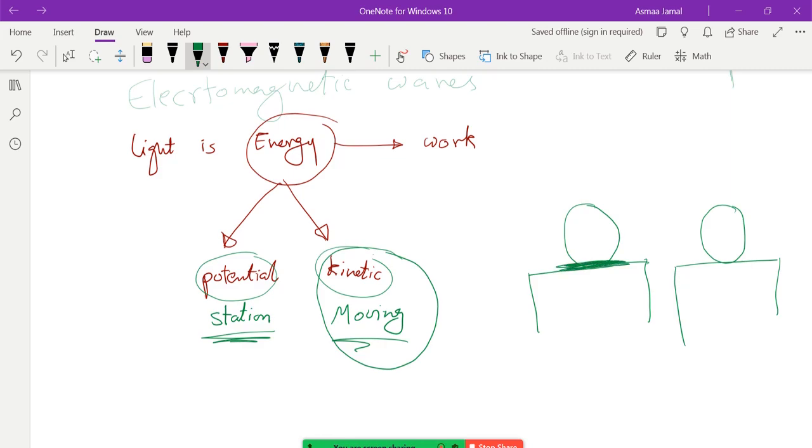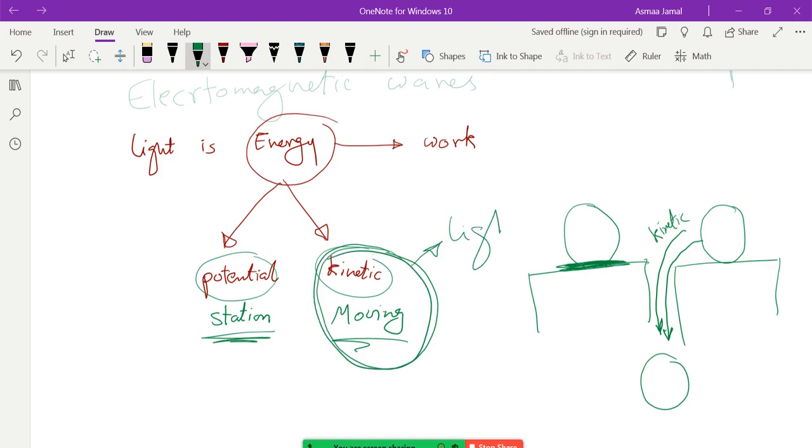So this is a stationary position of the ball, its potential energy. But when the ball moved down, fell down, this movement is the kinetic energy, which is the movement of the ball. Kinetic energy, the moving kind of energy. Light, again, is the kinetic kind of energy.